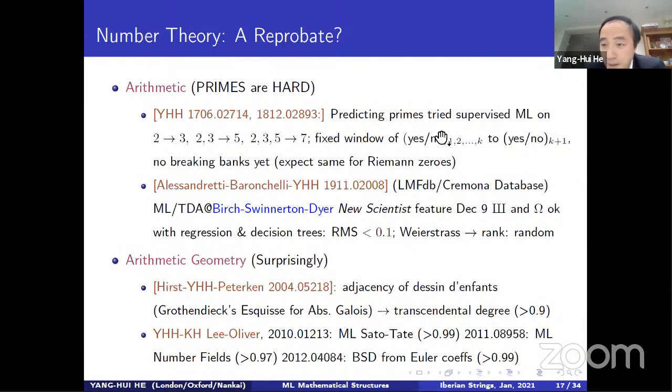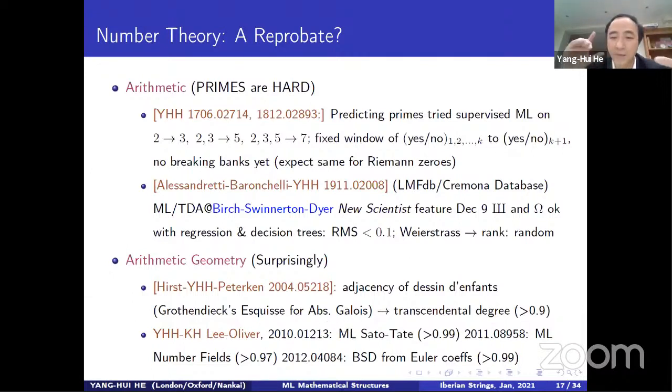And so too, you would expect hard problems in analytic number theory, like the BSD conjecture. However, more recent experiments with my students at Hurst and Toby Pitkin, and also with hardcore other arithmetic geometers, Kyu-Hwan Lee and Tom Oliver, we've been doing things in arithmetic geometry.